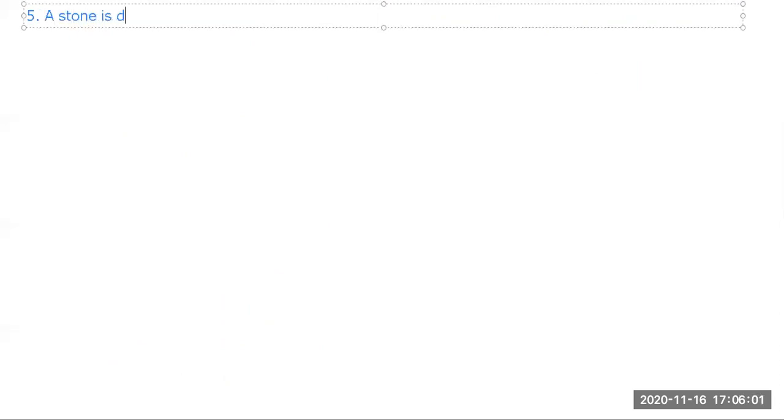A stone is dropped in a quiet lake and waves move in circles at the speed of 5 centimeters per second.